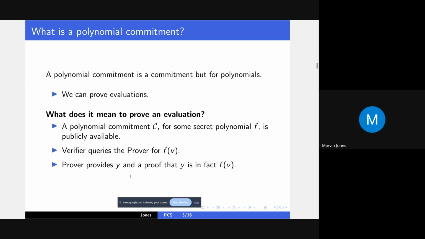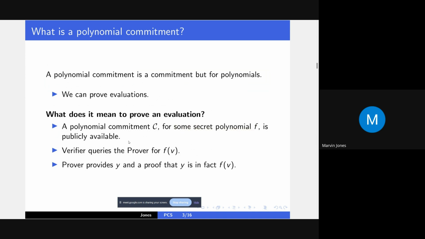Now that we go, okay, well, I should be able to prove evaluations, what does that even mean? All right, so if I have a polynomial commitment, that means that I have some compression C essentially, and that C is based on some secret polynomial, and it's publicly available.